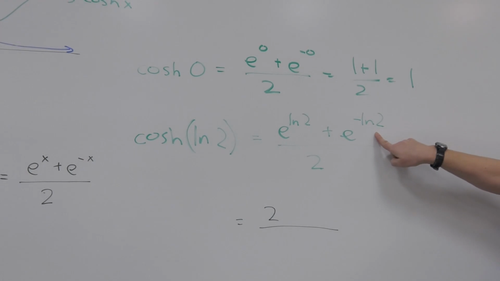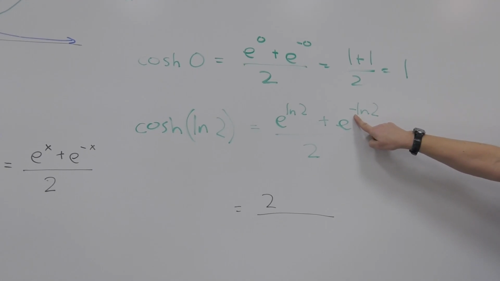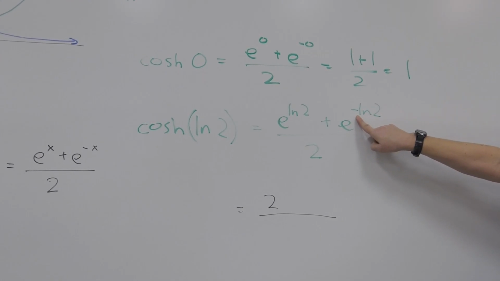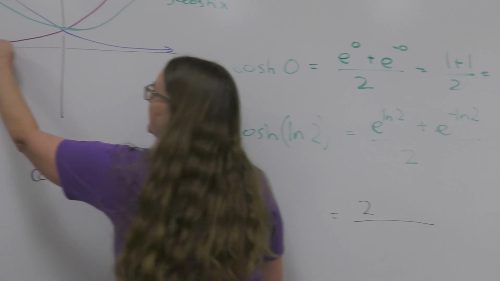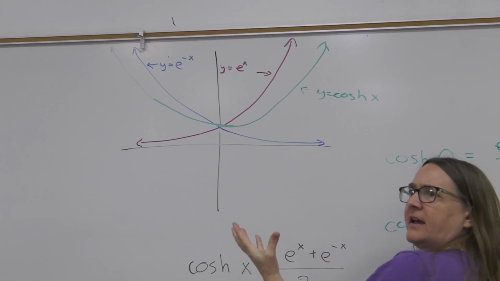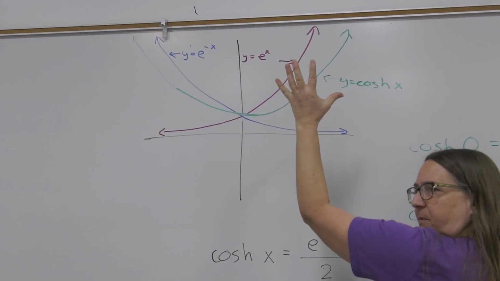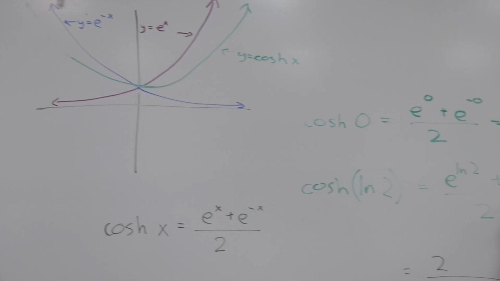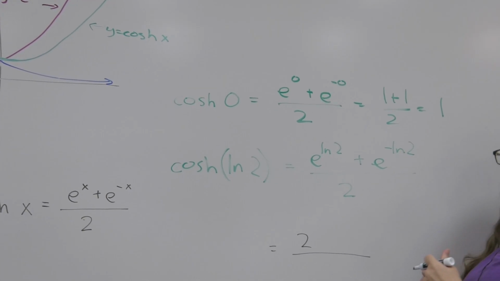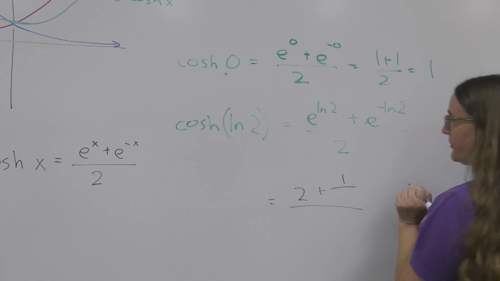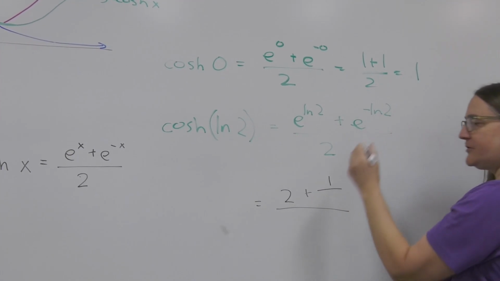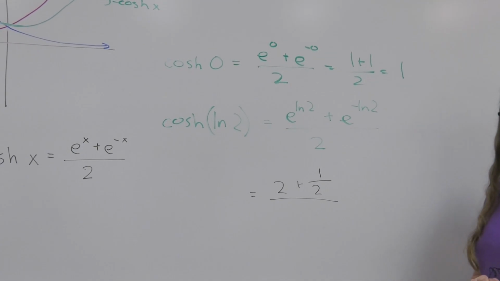We want to be really careful here. A negative power does not make the result negative. If we look at the graph of e to the x, that was this purple graph over here. That was never negative. The y values were always positive. A negative exponent means we're taking the reciprocal. So this is 1 over e to the natural log of 2, which we've just said is 2.